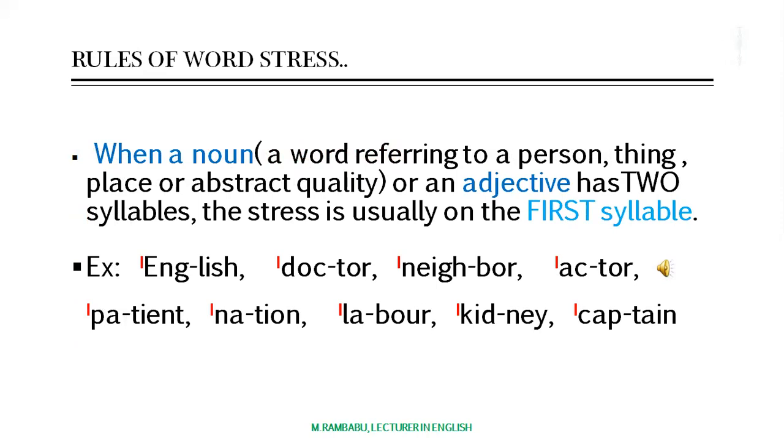Now let's discuss some rules regarding stress marking. The first rule is when a noun, what's called a noun naturally? Name of a person, thing, place, or any abstract quality. Or an adjective has two syllables, the stress is usually on the first syllable itself.